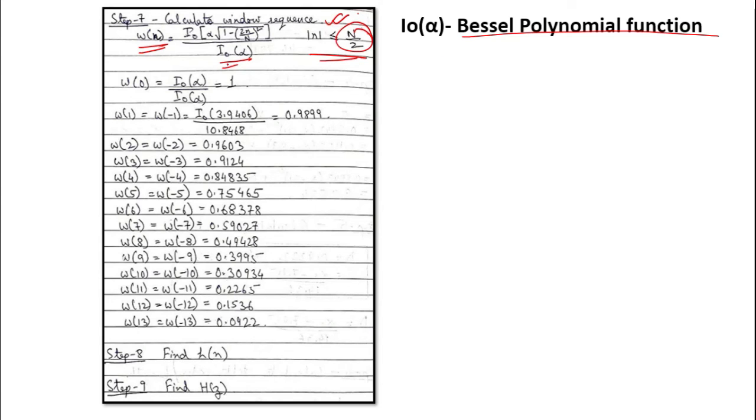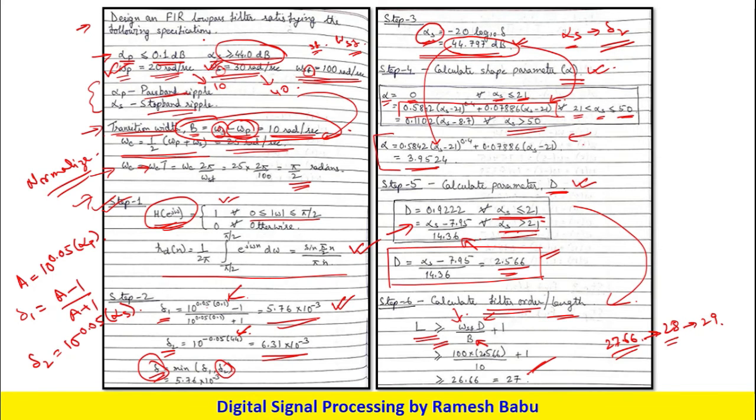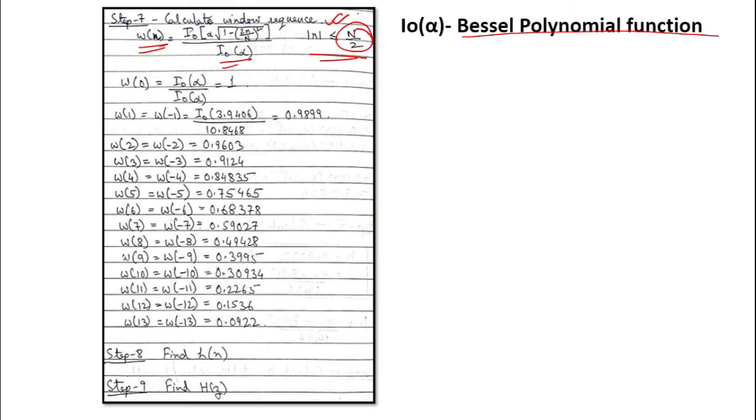So we can vary the value of n. I think it was 27. Yes, we have taken 27. So 13 plus 13 is 26, plus W0, so 27 window function values we have to calculate.